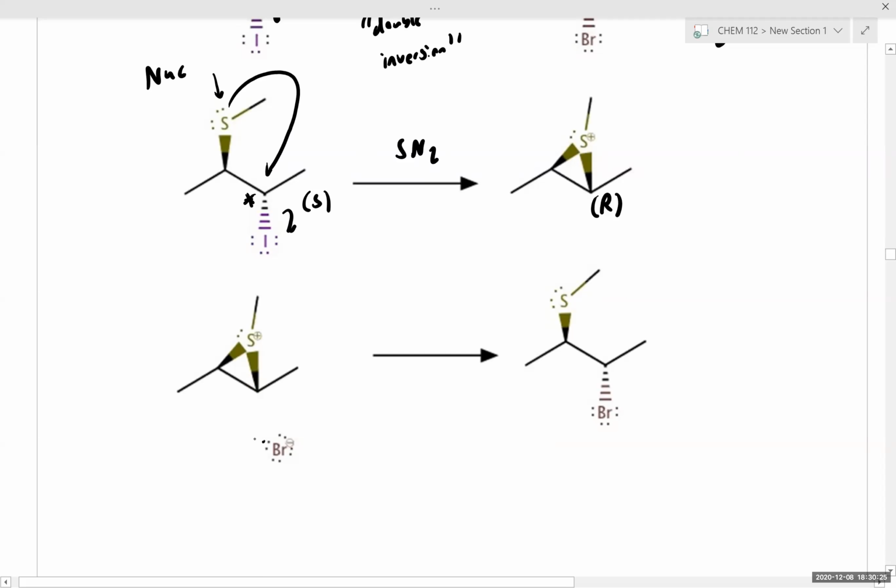And now that we have bromide floating around, it can open up this sulfur-centered epoxide in a second SN2 reaction. So in effect, we observe retention of stereochemistry via double inversion. This is a hallmark of anchimeric assistance.